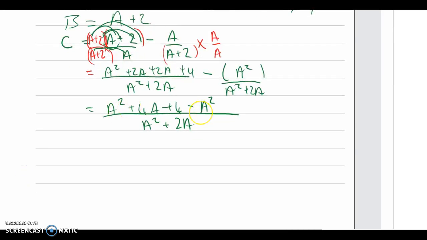So A squared minus A squared, so that's all gone. And I'm going to have here 4A plus 4. Now, this top half is definitely even because it's times by 4. Okay, and then A squared plus 2A.